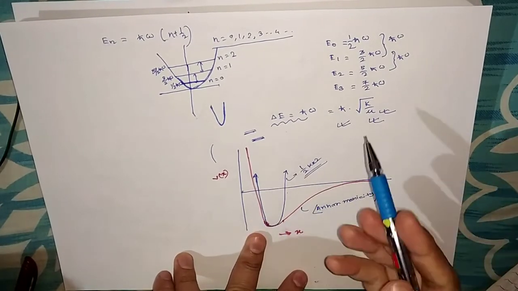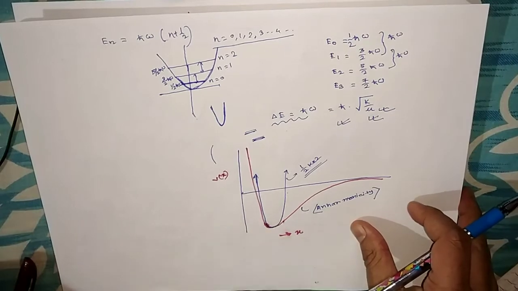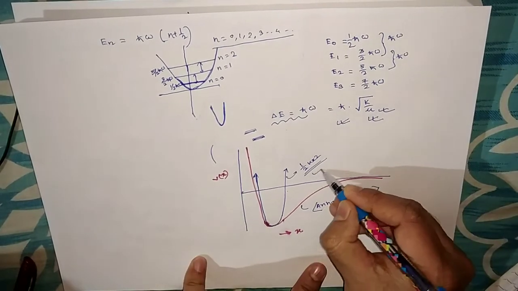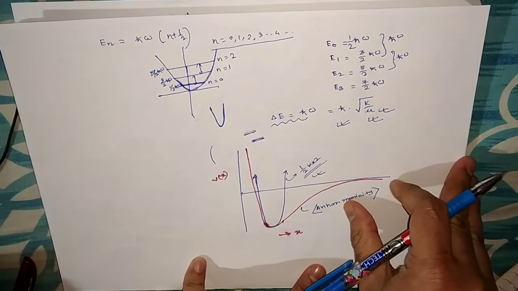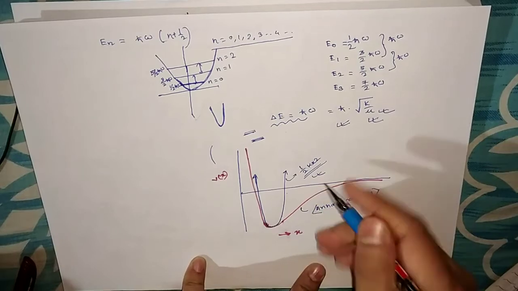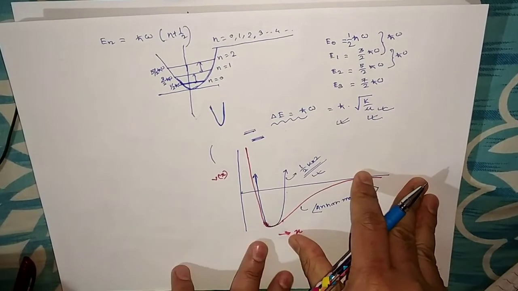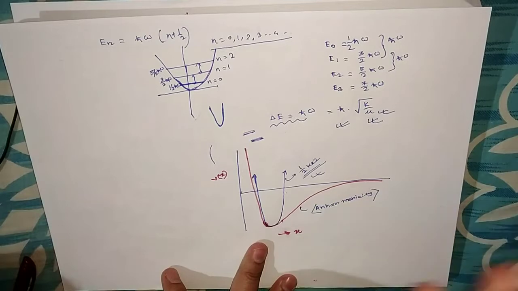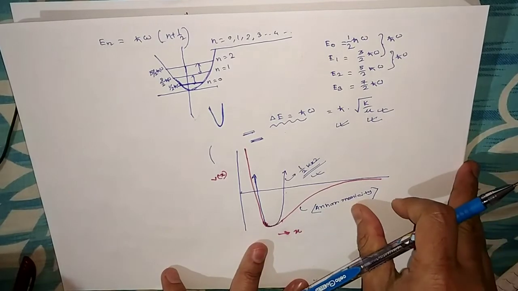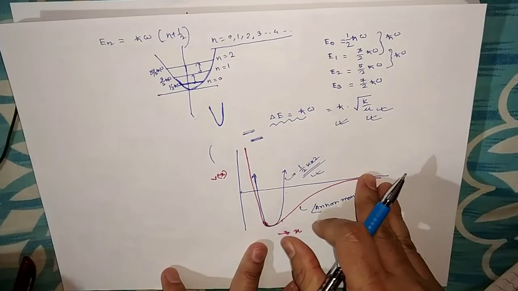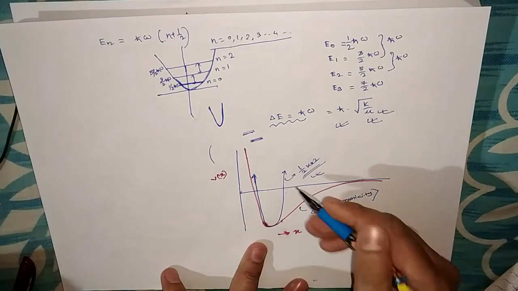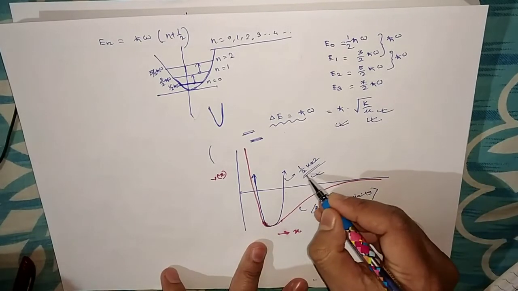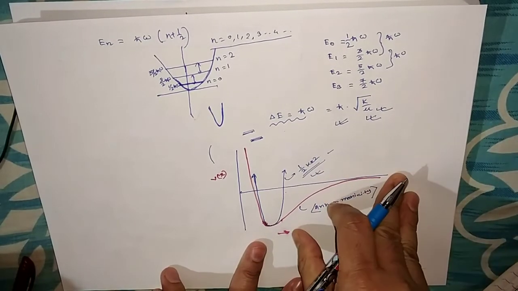So that's why the potential energy expression has to be modified, and how this potential energy function is modified to make our model more realistic will be discussed in my other lectures of this harmonic oscillator model series. So up to this we will mostly focus on our simple system, the harmonic oscillator system.